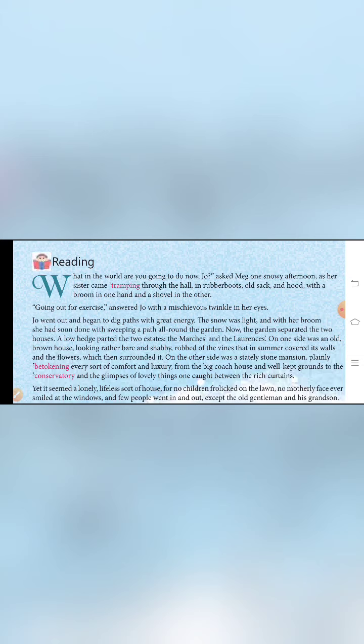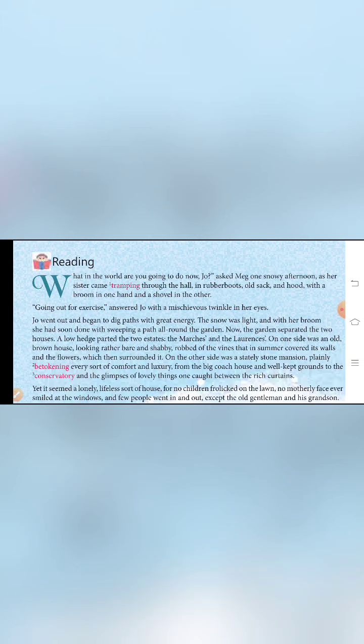Right? Meg is one of the sisters, the oldest sister, as I told you in the introduction. Now she's asking Joe when she noticed that her sister is tramping.